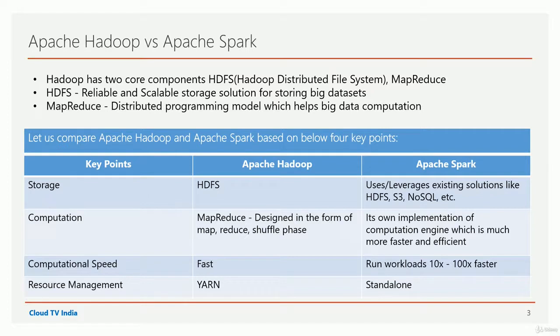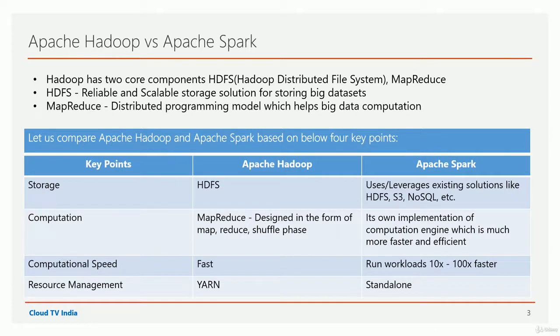And with respect to computation, as I told you, in Hadoop we have MapReduce. It's designed in the form of map and reduce phases to do your computation. In Apache Spark, this is where they thought, why don't we improvise or create a new computational framework which can do the work in a faster and more efficient way.